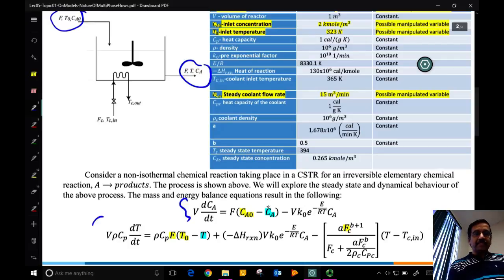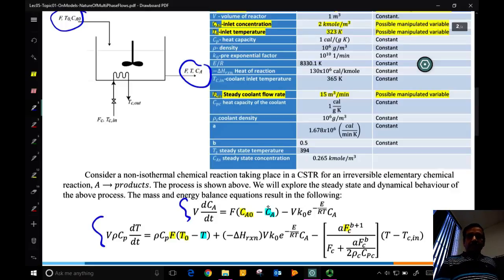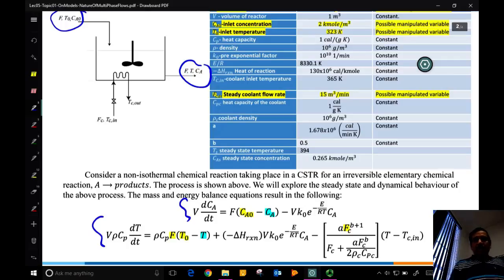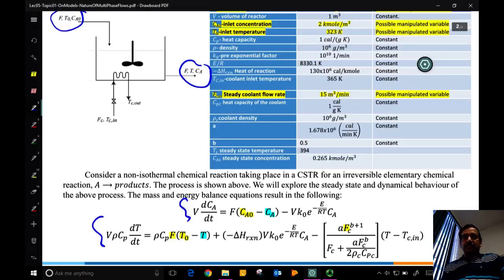The mass balance, and this is the energy balance. And there are 2 unknowns, Ca and T, the concentration and the temperature. But there are a number of parameters. There are about 15 parameters in there, including the feed rate, the coolant rate, the heat of reaction, etc., the properties. And the values are all given to you in the table here.